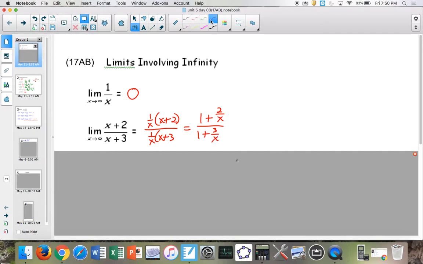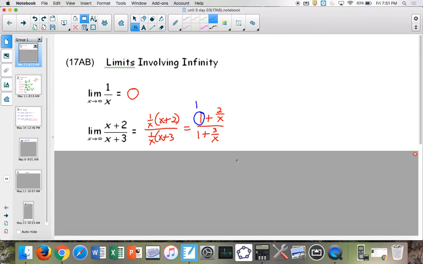Now, because of the properties of limits, we know that the limit of this entire expression will be the limit of each of the individual terms added on top, added on the bottom, and divided overall. So the limit as x approaches infinity of 1, well, 1 is just a constant, so that limit is going to equal 1.